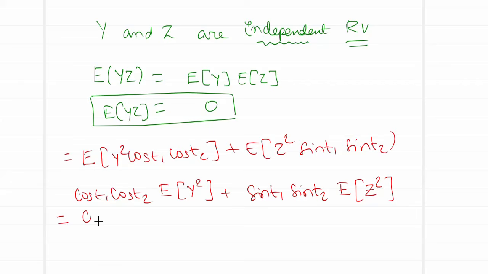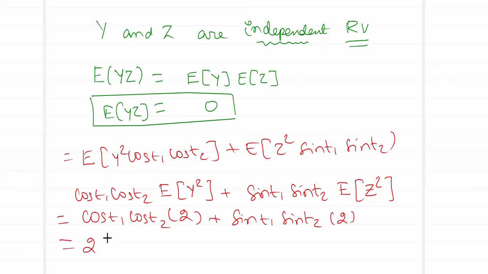So this gives me cos t1 cos t2 times 2 plus sin t1 sin t2 times 2. So now 2 comes outside, leaving cos t1 cos t2 plus sin t1 sin t2.